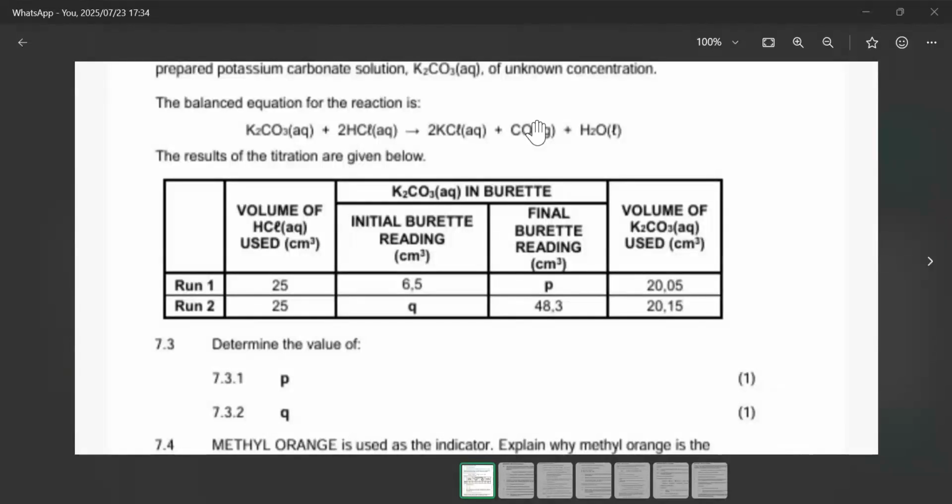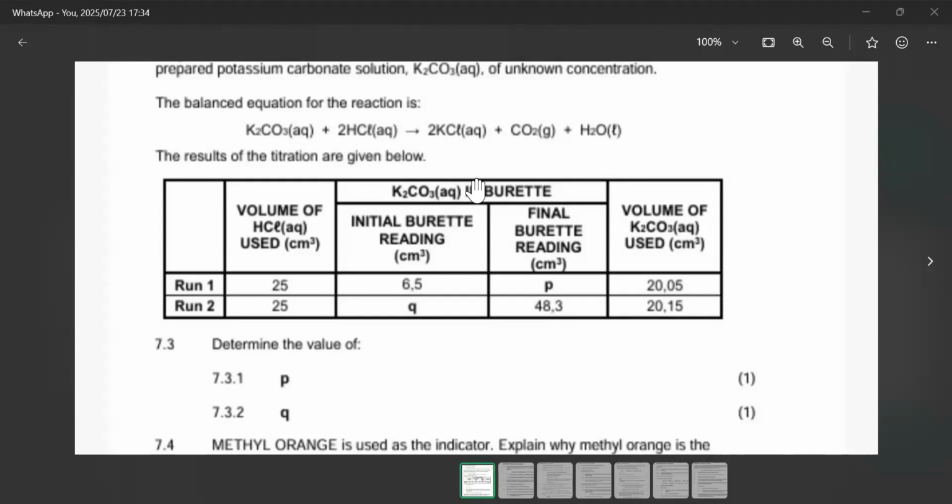So I'm not sure, but I think it's 28.15 because I minus the final burette reading with the volume of the potassium carbonate used. Okay, no, you are right, Austin. 200% correct. Yes. You just had to say 48.3 minus 20.15, and then you get the initial volume, which is 28.15 cubic centimeters.